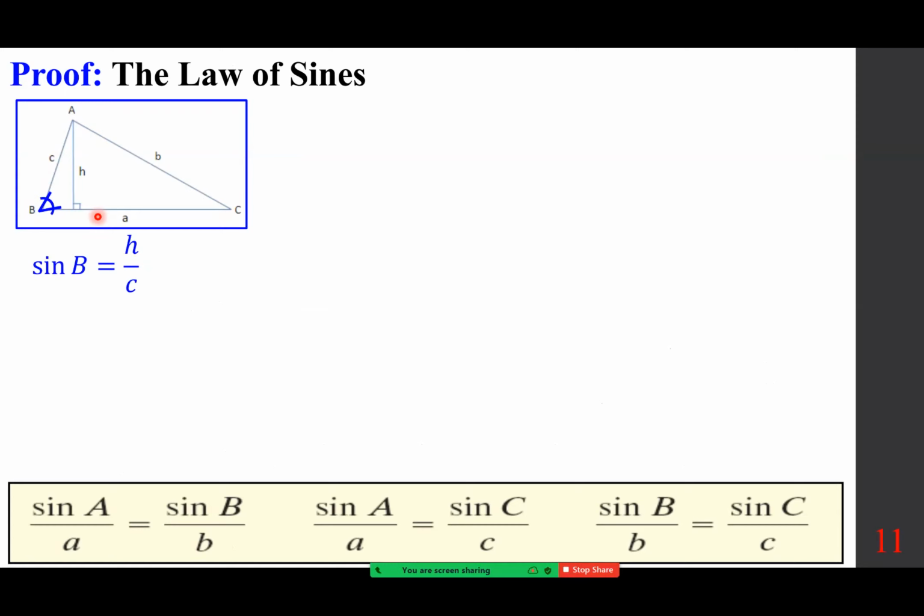This is the altitude H. We drop a perpendicular. This makes a 90-degree angle on each side. So H is the product of these two.